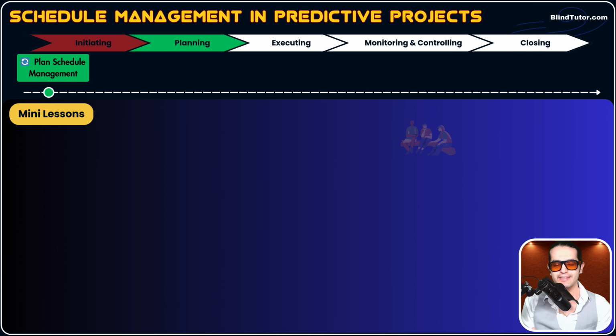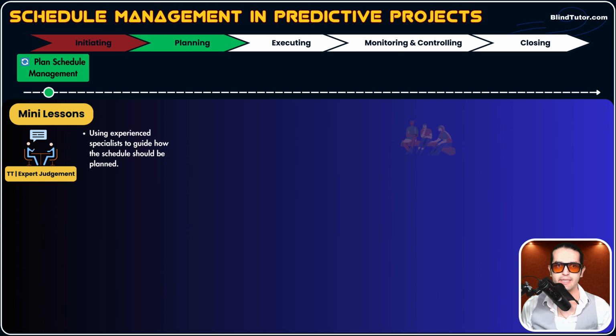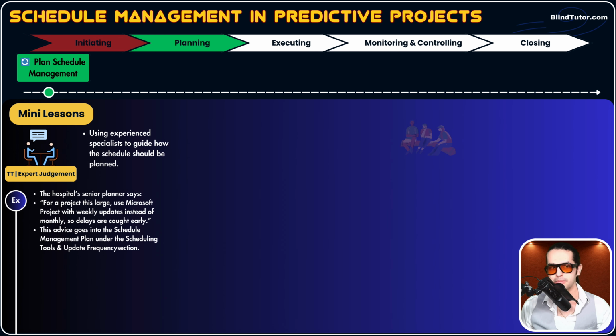Because planning involves meetings, lots of discussions, consulting experts, and selecting the best option between available options. That's why tools and techniques are almost the same when we are planning for different pieces of the project. The first one, expert judgment. Using experienced specialists to guide how the schedule should be planned.